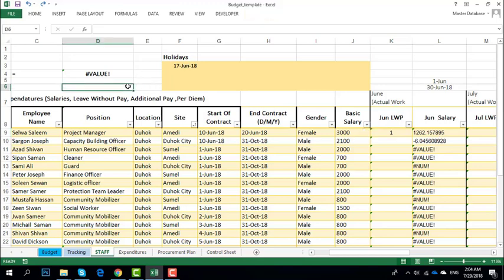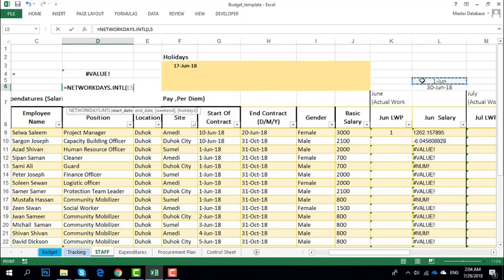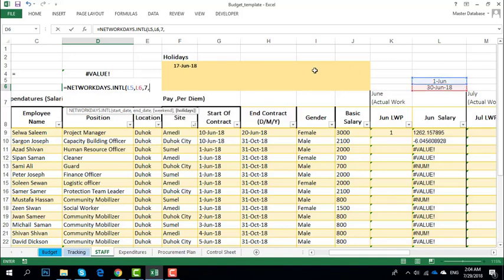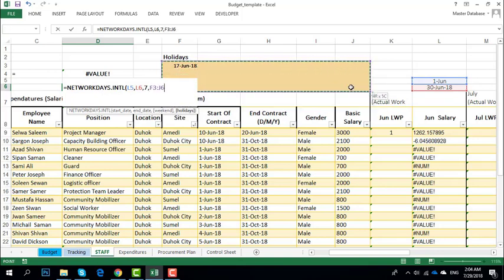We say here equals NETWORKDAYS, what, the net actual one, this comma this, then number 7, then holidays. Then we close it.